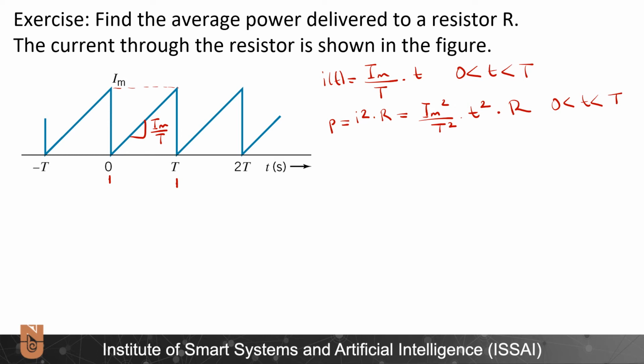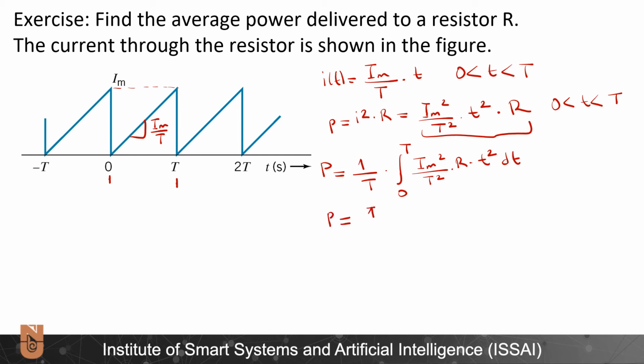Now, in order to find the average power, I need to work with this integral. P is equal to 1 over T times the integral from 0 to T of Im squared over T squared times R times t to the second power dt. Here I have a bunch of constants. I will get them out of this equation, otherwise it will become quite confusing.